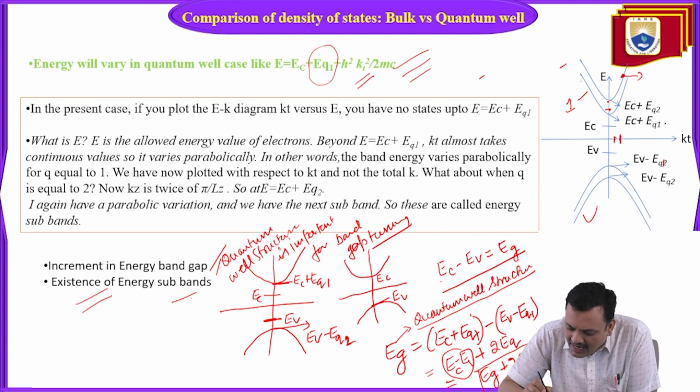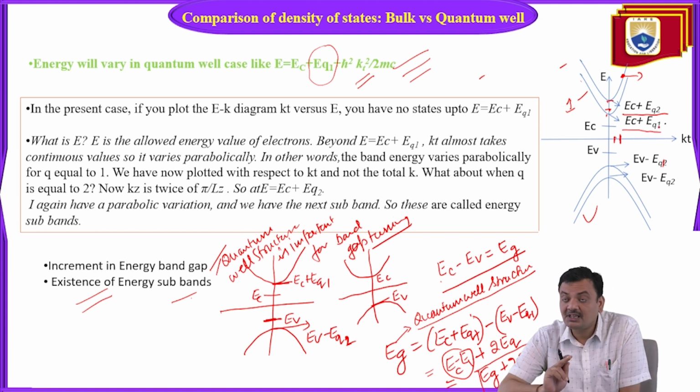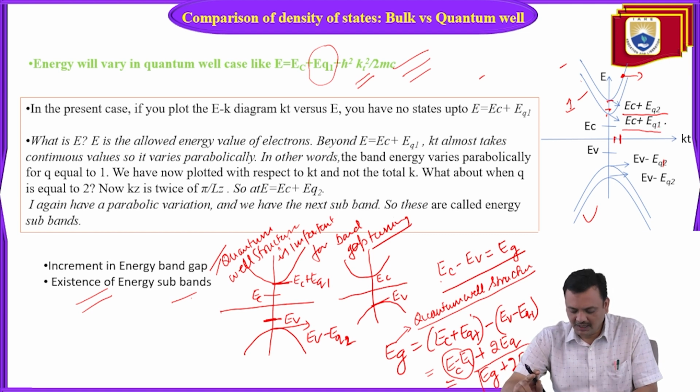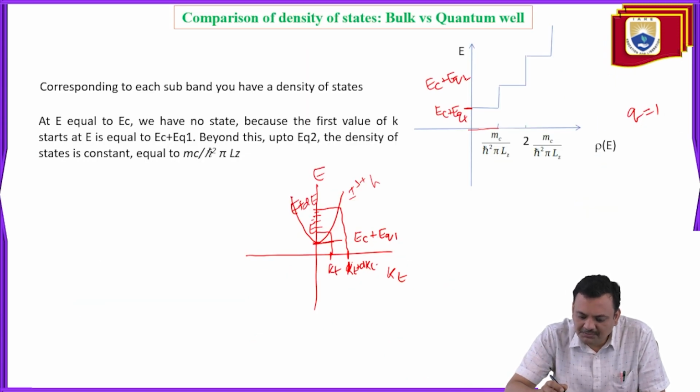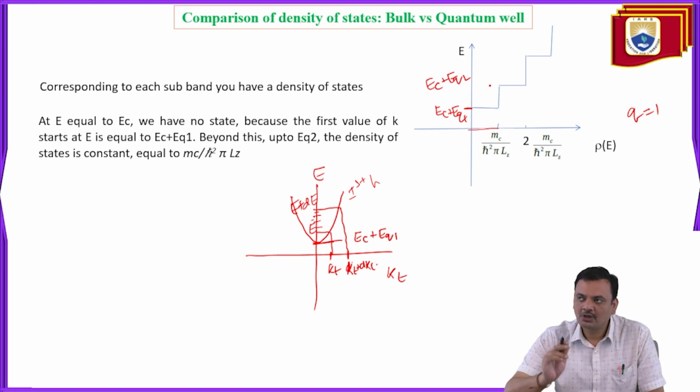The second band minimum energy is EC plus EQ2, and the first band minimum energy is EC plus EQ1. So between EC plus EQ1 and EC plus EQ2, your density of state will be constant. That is my consideration.